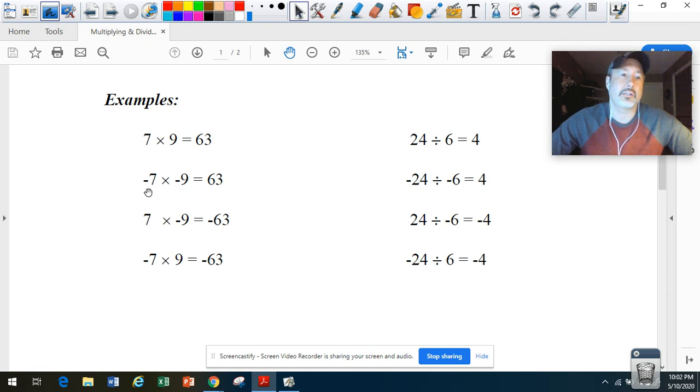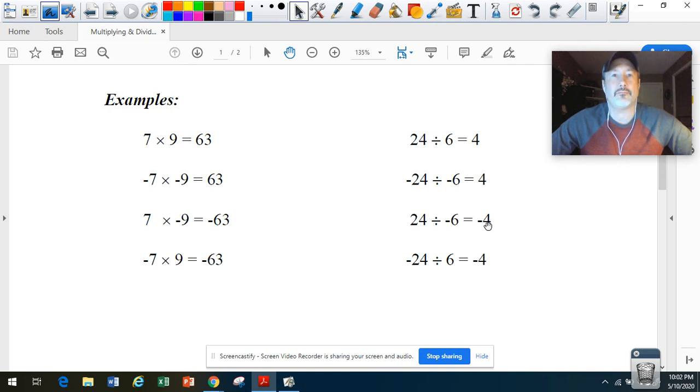Okay, now look down at these four down here. As you can see, the signs are different. They're unlike. Okay, 7 times negative 9. So a positive times a negative is going to be a negative because the signs are different. They're not alike. So it's negative 63. Over here, we have a positive 24 divided by a negative 6. Signs are different here.